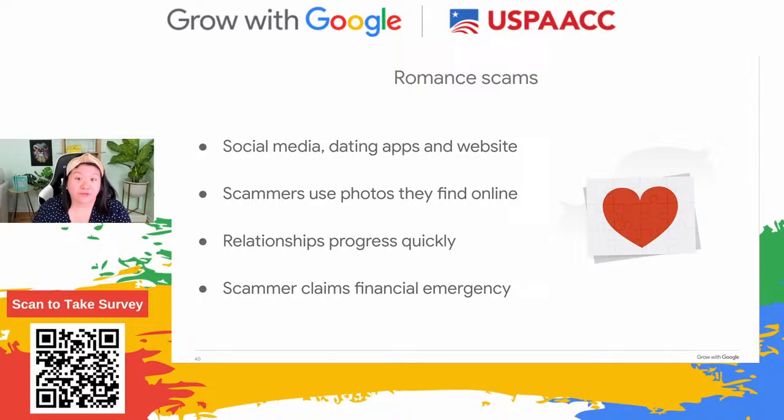That's up about 50% over 2019. Dating and romance scams can be initiated online through social media or on other dating apps and websites. For their profile pictures, romance scammers often use photos they find online from actual dating profiles or stock photos.